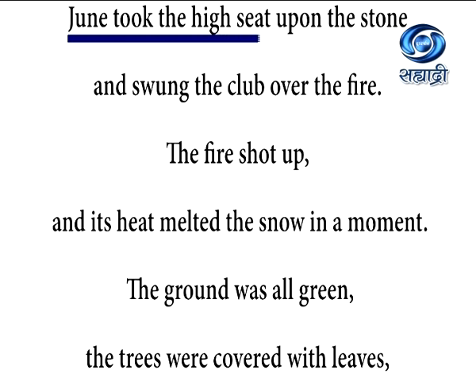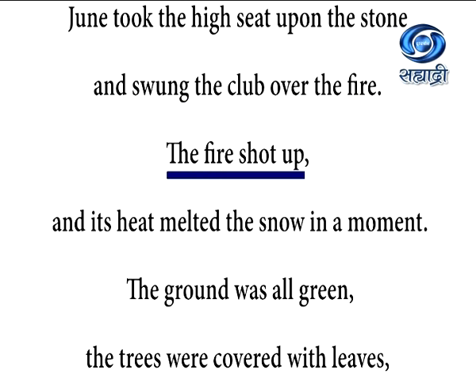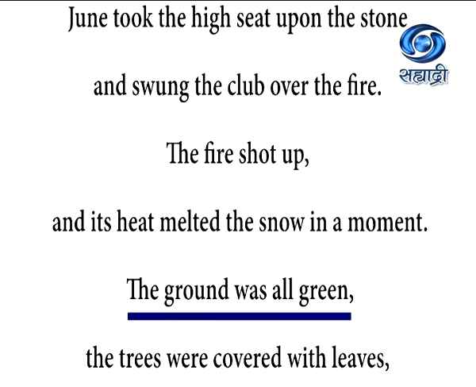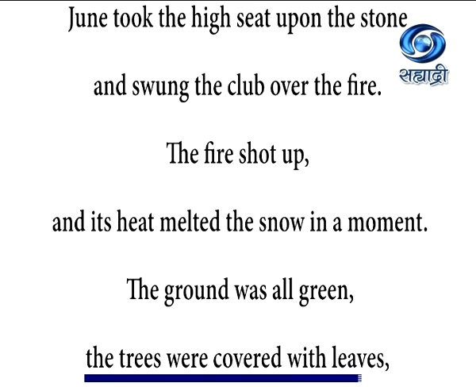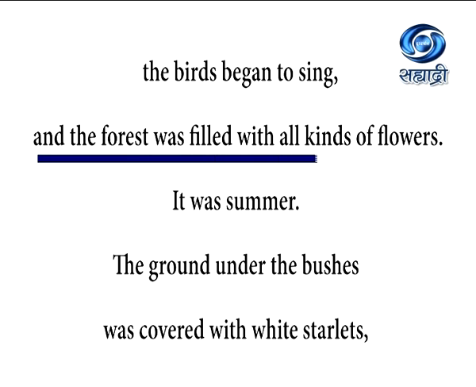June took the high seat upon the stone and swung the club over the fire. The fire shot up, and its heat melted the snow in a moment. The ground was all green. The trees were covered with leaves. The birds began to sing, and the forest was filled with all kinds of flowers.